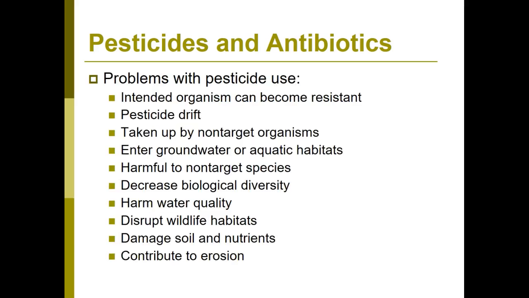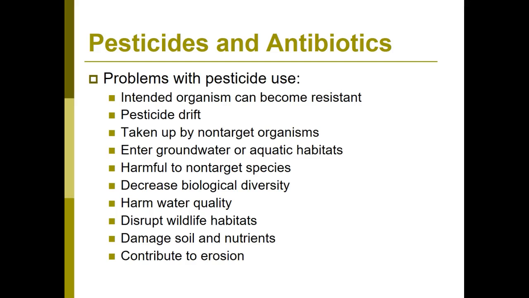There are quite a few problems with pesticide use. The intended organism, the one that the pesticide is designed to kill, can eventually become resistant. You get pesticide drift, so crops where the farmers are not using the pesticides do end up getting contaminated by the pesticides. They can be taken up by non-target organisms.